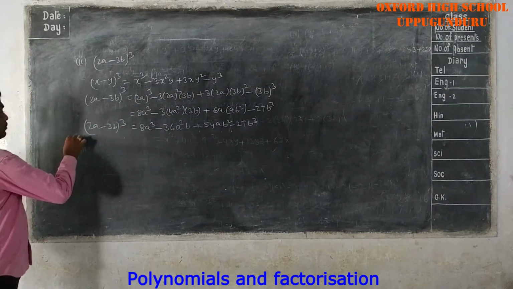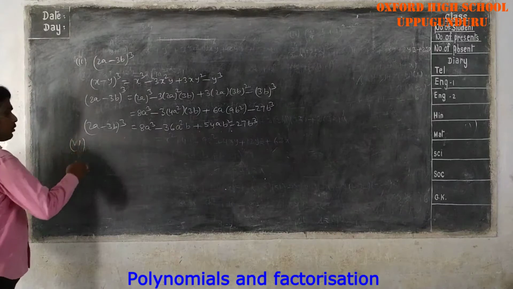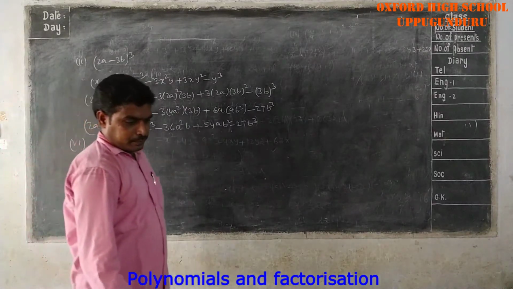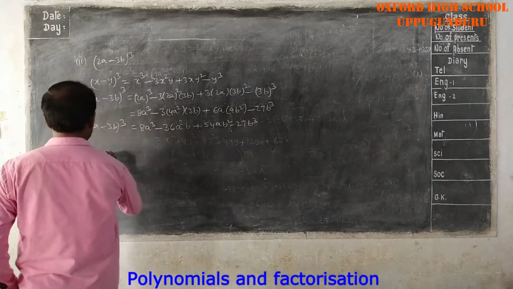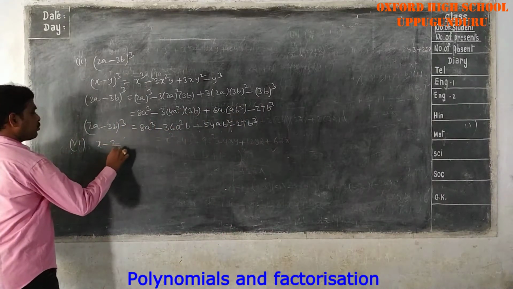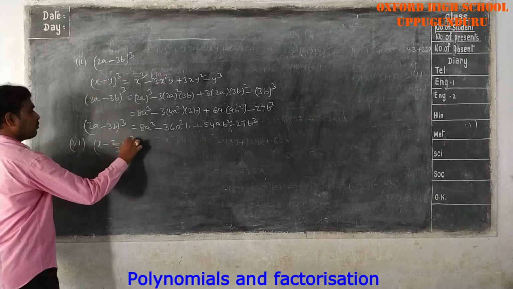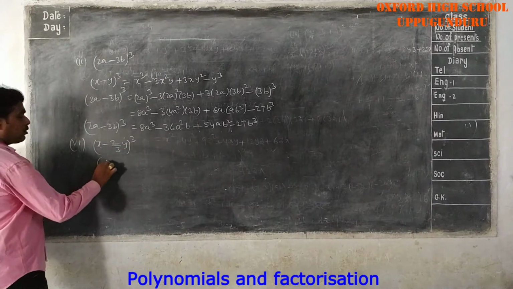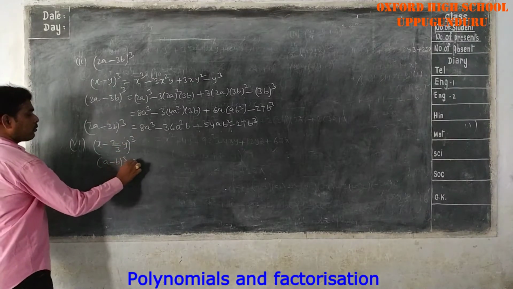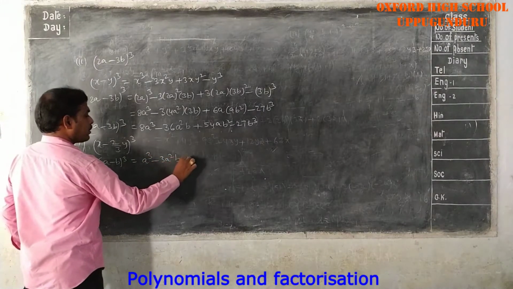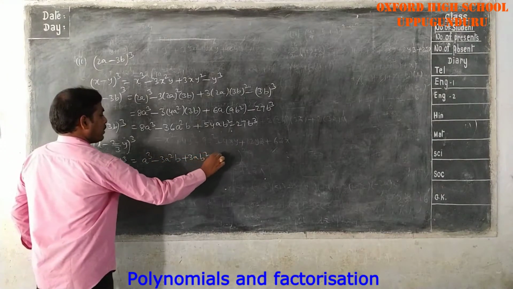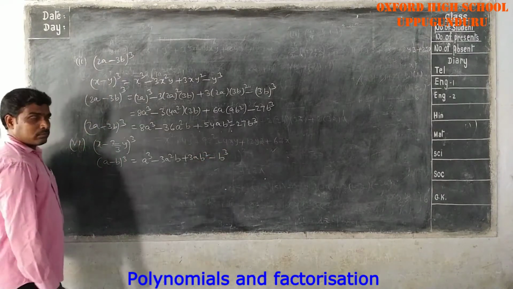Next one. Sixth one also you have to do in the same manner. x minus 2 by 3y whole cube. So a minus b whole cube equals a cube minus 3a square b plus 3ab square minus b cube.